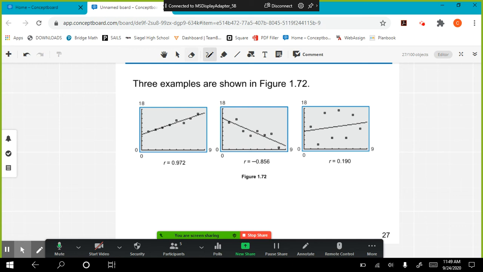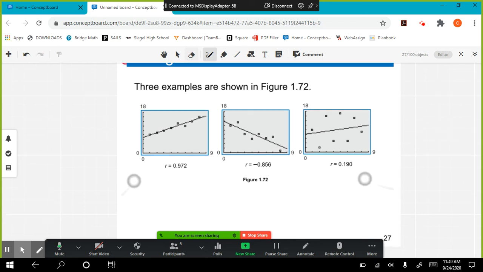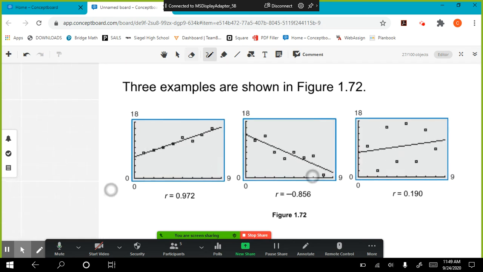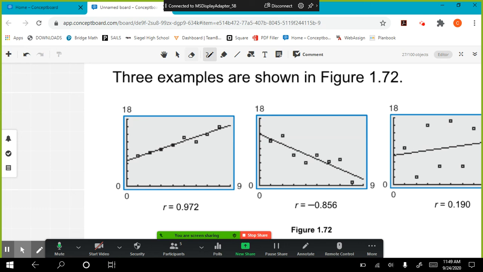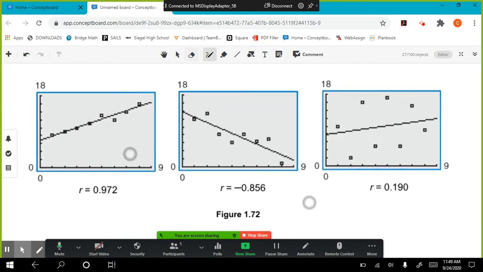All right, so once again, there's 3 examples. The first one is just showing you the correlation. Notice those points make a pretty good line of best fit there, and its correlation coefficient was 0.972. Well, the one we had was 0.994, so the points were even more lined up than those, and those are lined up pretty well. If you notice the next one, you'll also notice that it's negative when it's going downhill and it's positive when it's going uphill.